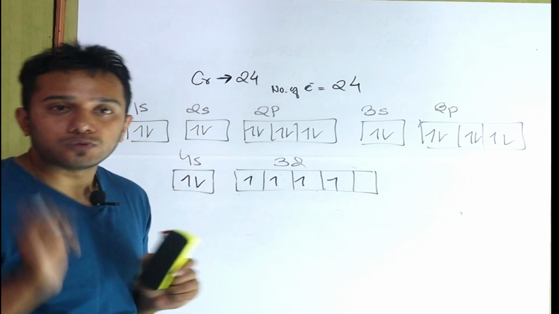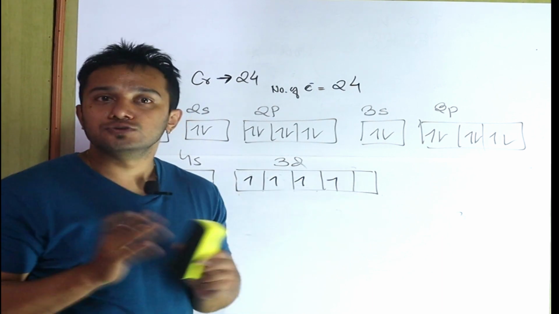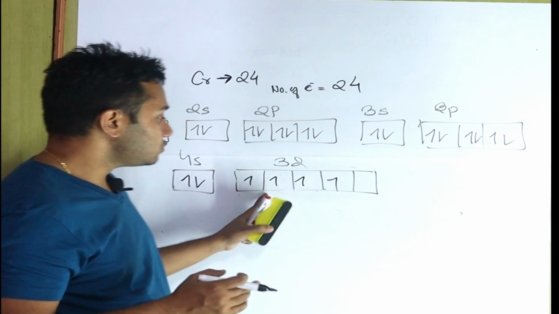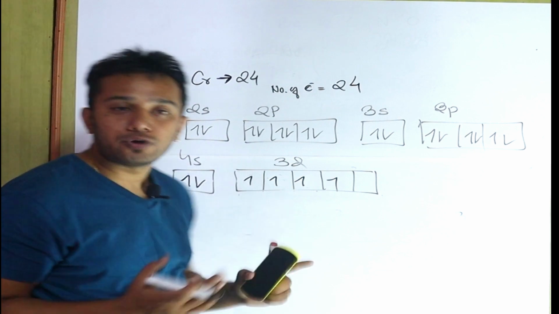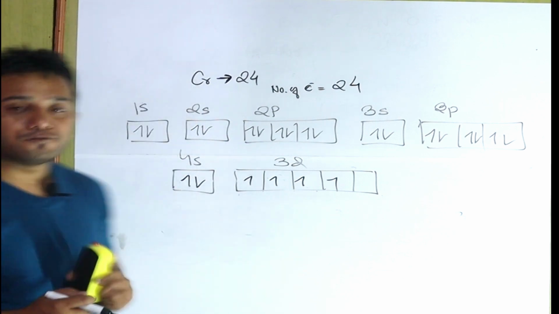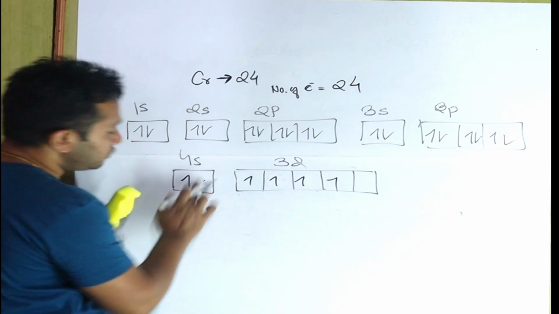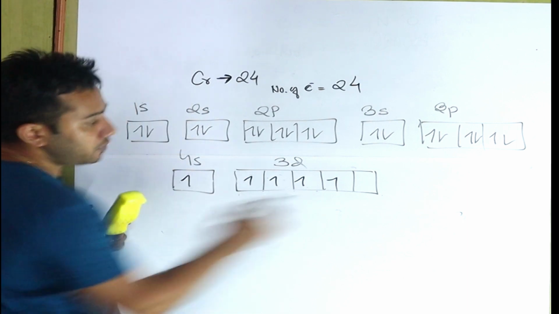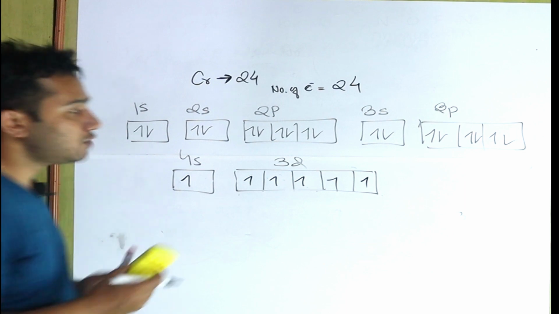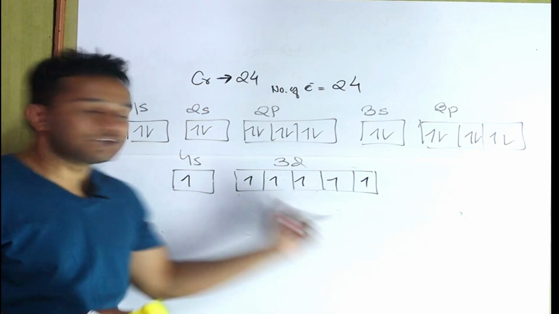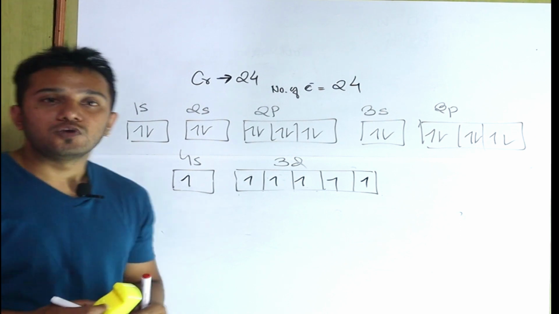All of them will have one electron each, so it will be half filled, so it will be highly stable. And also this is going to have lower energy as compared to 4s. So therefore in chromium, instead of putting 2 electrons in 4s, 1 electron will enter out here in 3d. So out here in 3d we will have 5 electrons, and in 4s we will have 1 electron.